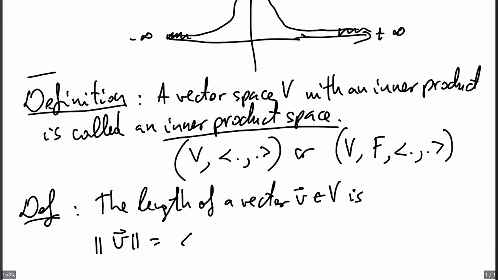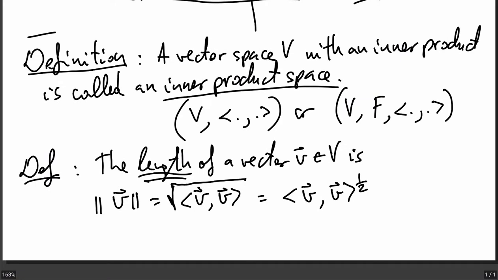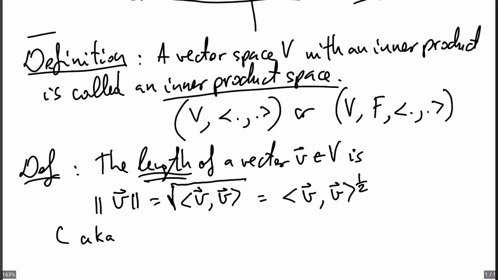When you take the inner product of a vector by itself, this is supposed to be a non-negative number, not a complex number, but a real number. That means we can take the square root of that. Many times this is also written as 1/2 power. This is also known as the norm of a vector.